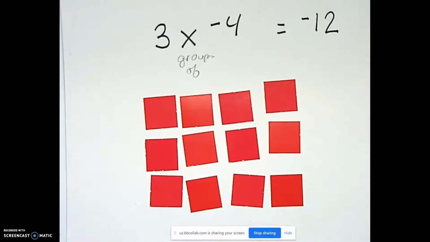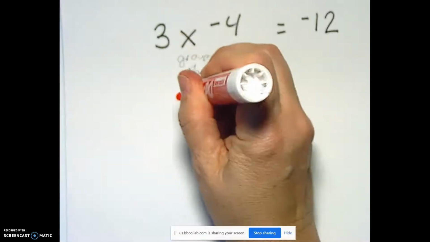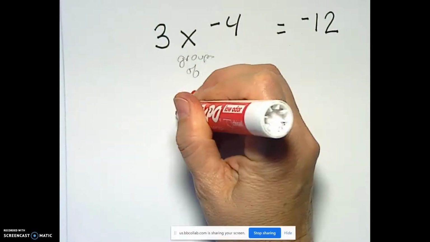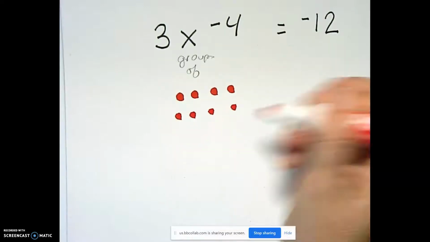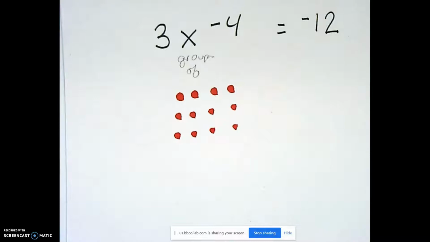If we were drawing this rather than using the chips, we would go -4, 1 group, -4, 2 groups, -4, 3 groups. And we get -12.